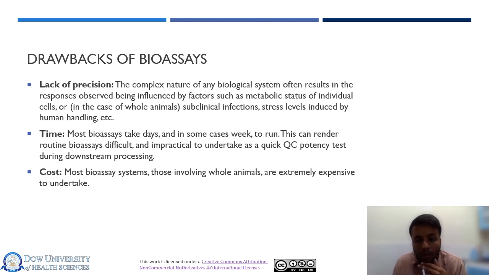Even the stress that is induced by human handling could also impact the actual results. These factors can make it difficult to obtain precise and reproducible results, therefore making it a challenge to ensure consistent product potency.